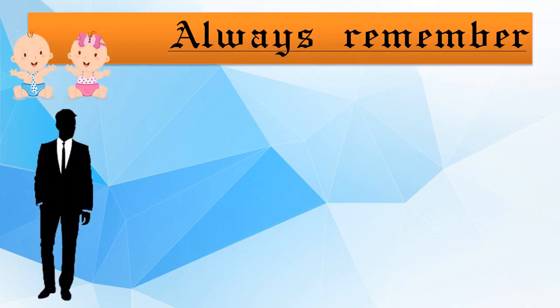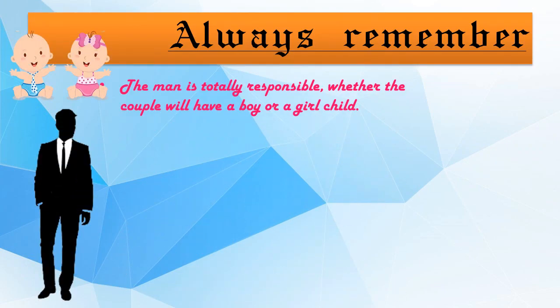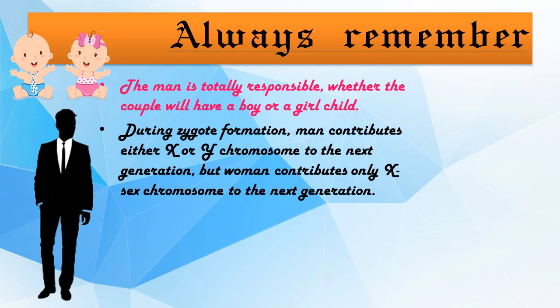Always remember, student, the man is totally responsible for whether the couple will have a boy or girl child. During zygote formation, the man contributes either an X or Y chromosome to the next generation, but the woman contributes only an X sex chromosome. In our previous videos we have seen how men and women contribute their sex chromosomes.